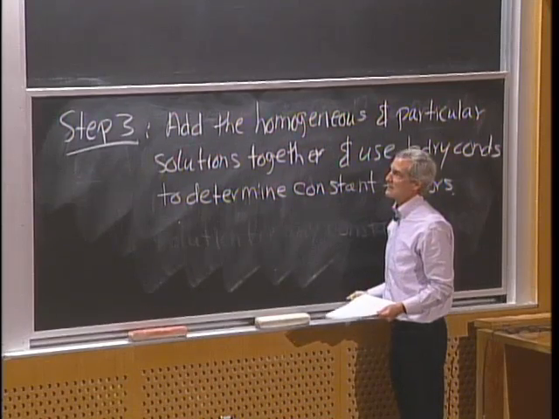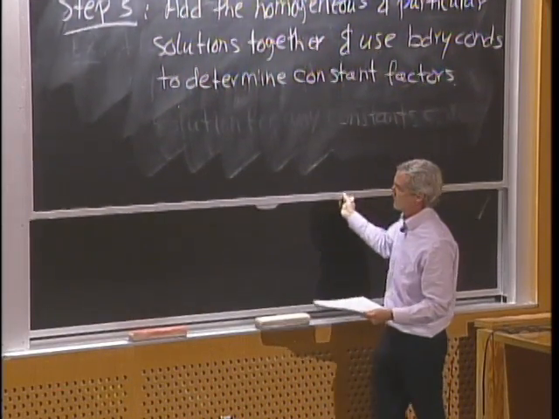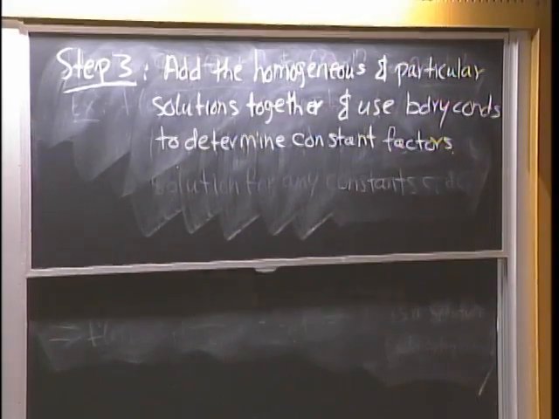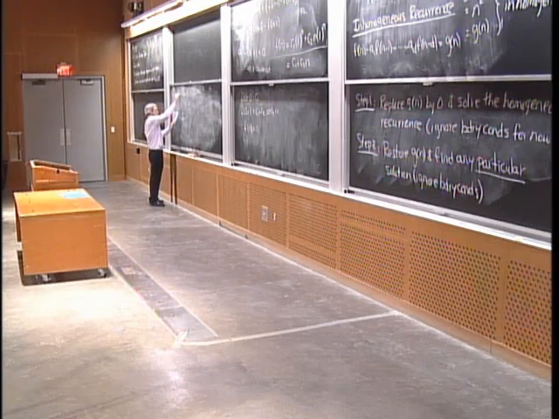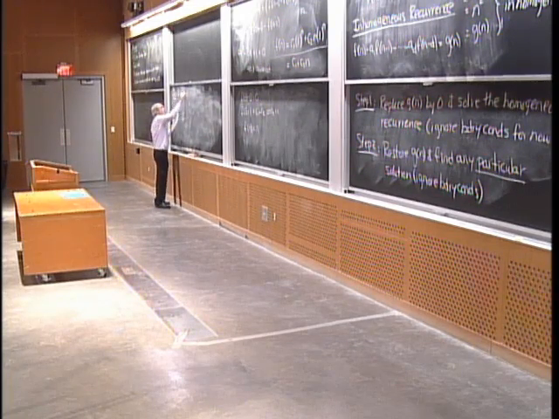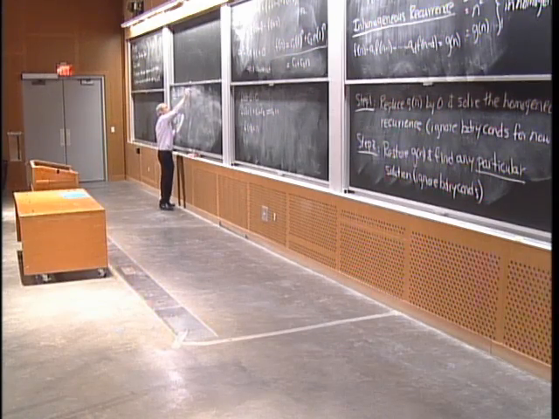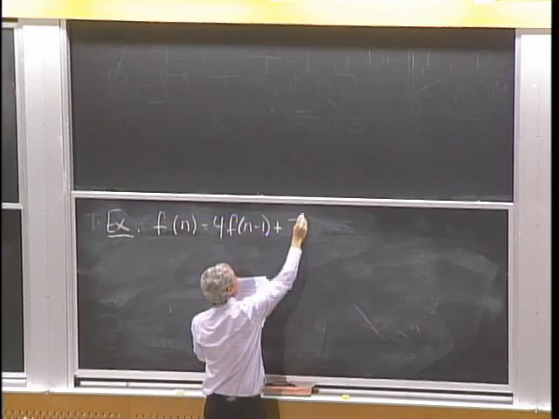Okay, so let's do an example. Let's go down here and do an example of the 3 steps. So let's say that a recurrence is this nasty looking thing, f of n equals 4 f of n minus 1 plus 3 to the n.